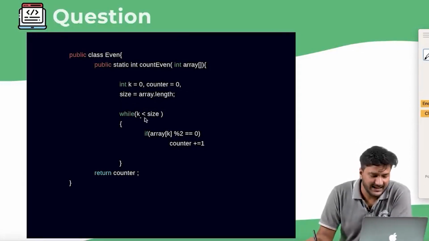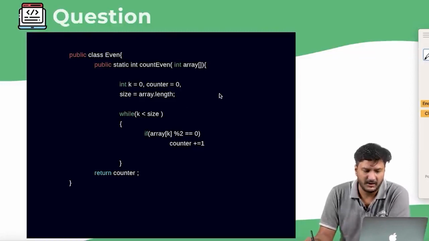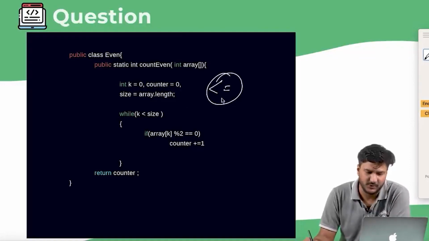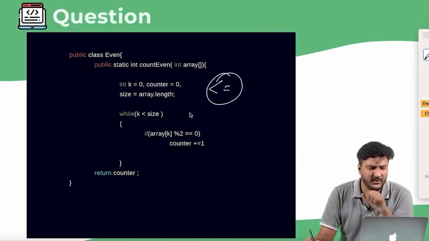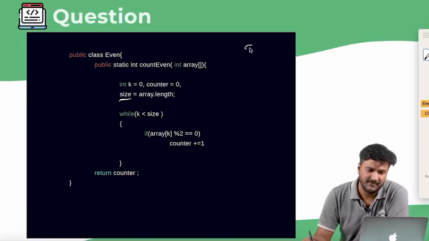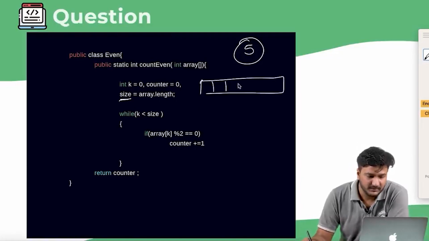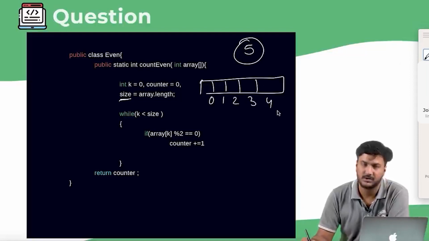So now, while k is less than the size, right? So now a lot of you may say that, okay, not less than, it should be less than or equal to, but I'll say no. Actually, the array will say, or the size will say that, okay, my size is 5, right? But in the array, the elements would be 0, 1, 2, 3, 4, right?